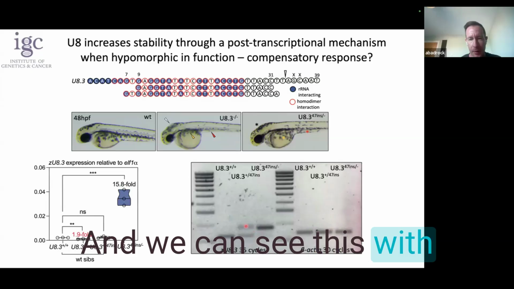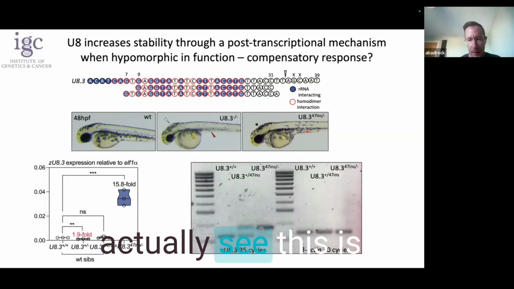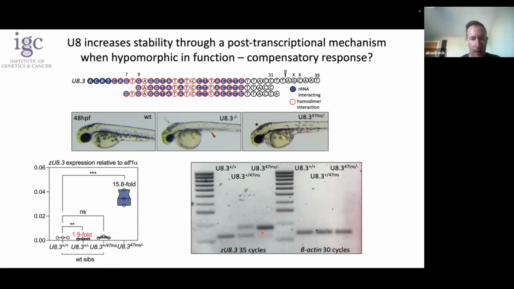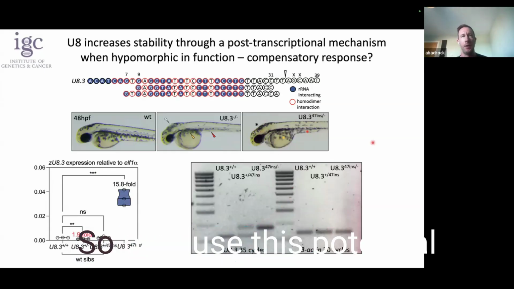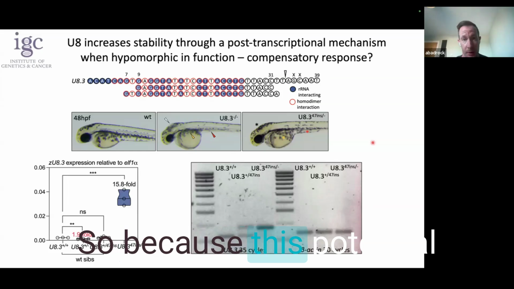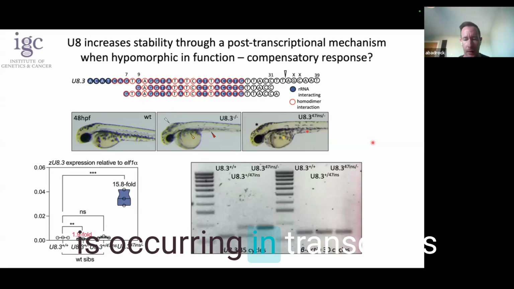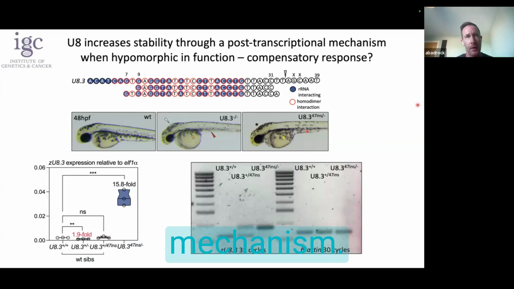And we can see this with a different technique. This is RT-PCR, where this is the partially functional mutation. This is the wild-type allele. And we can see only in this mutant are we seeing that much higher levels of expression. So because this potential compensatory response is occurring in transcripts that I inject, that's known as a post-transcriptional mechanism.